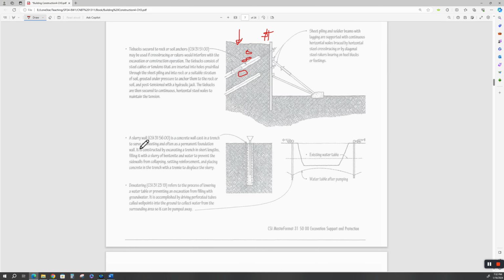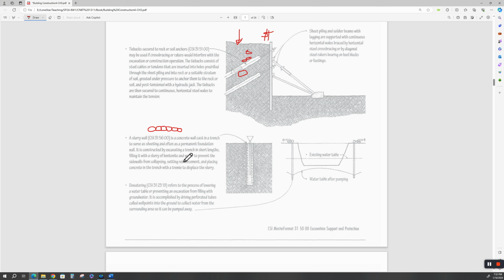All right. A slurry wall. A slurry wall is nothing but a wall that you make out of concrete. You drill a hole and you put in a continuous row of concrete piles. And sometimes they need to be tied back, sometimes not. Very expensive.